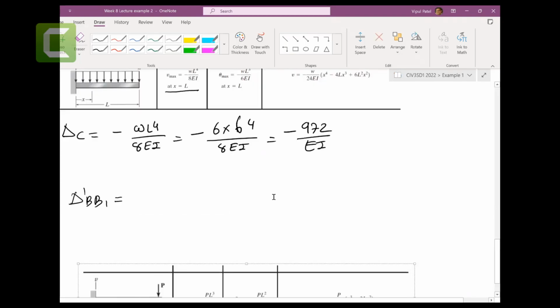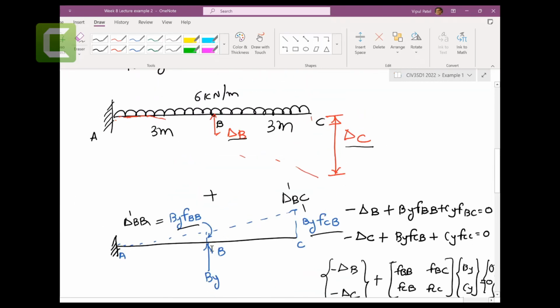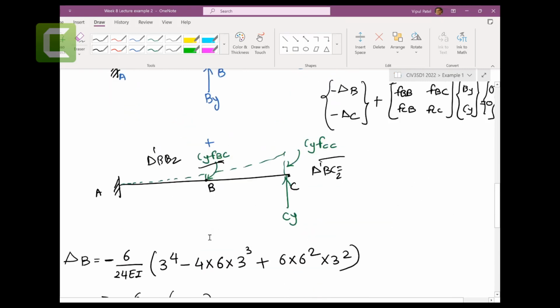Now the first one that we're going to use is by, at the 3 meter distance.